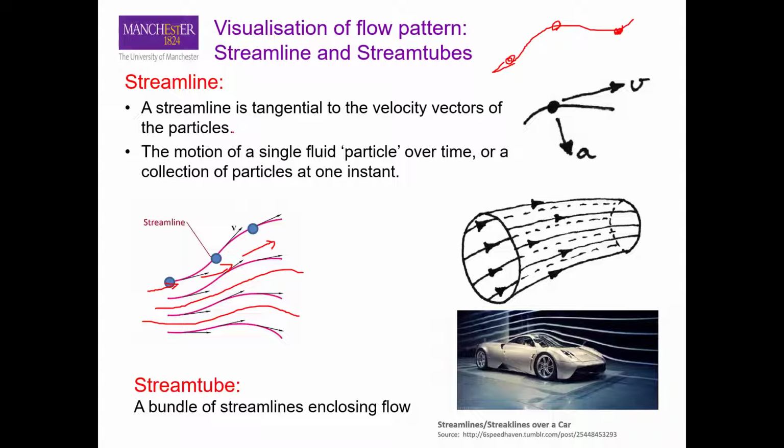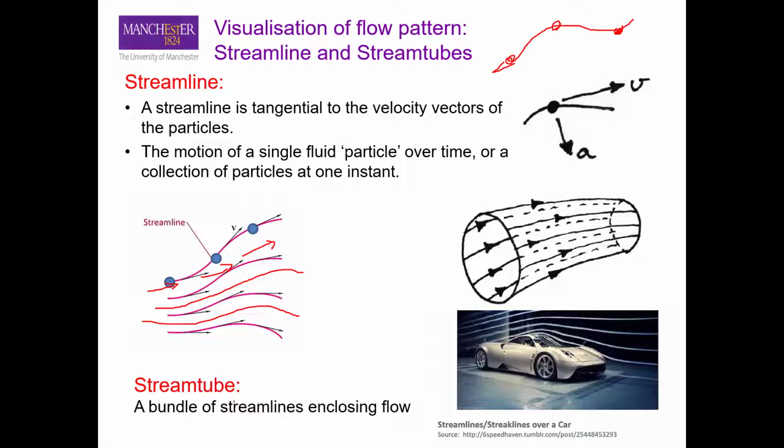And as I said, this is just an imaginary line that you use to visualize how the fluid is flowing for numerical analysis. And if we combine all these streamlines in the form of a tube, for example, here you have one streamline, second streamline, third streamline, and we make this boundary around it, or a tube around it, we call it a stream tube.